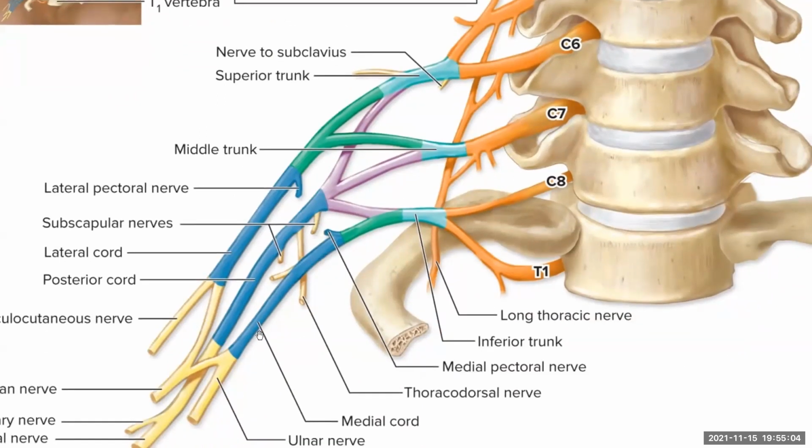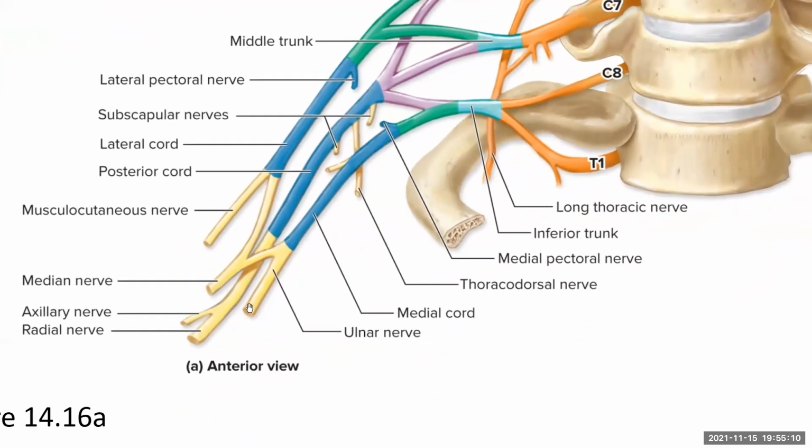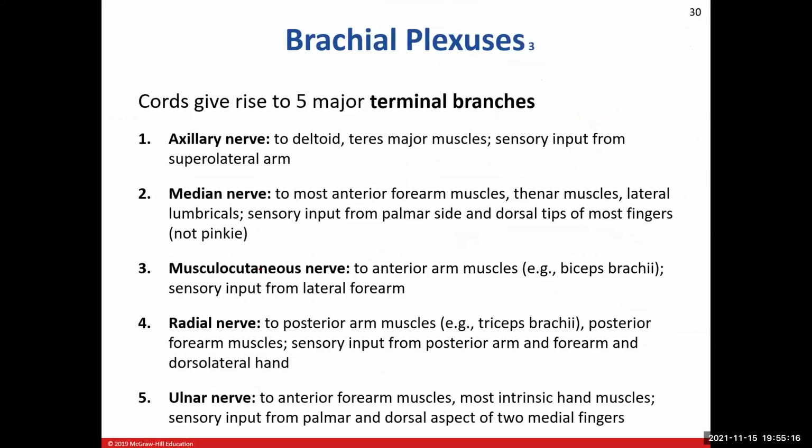And then down here, the medial cord is going to get contributions primarily from C8 and T1. And that's what gives us our terminal branches. That's what I wanted to get into; that's more important for what I want to talk about today. The five different terminal branches, you should be familiar with these, and you should be familiar with what muscles they innervate and what sensory input they provide to specific areas of your upper extremity.